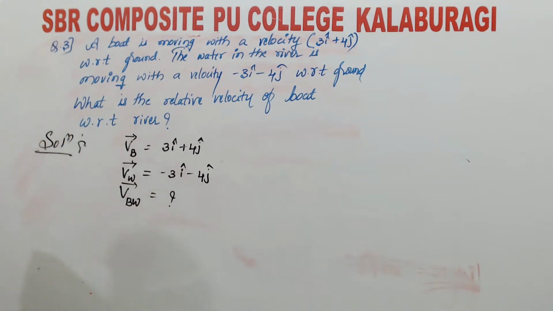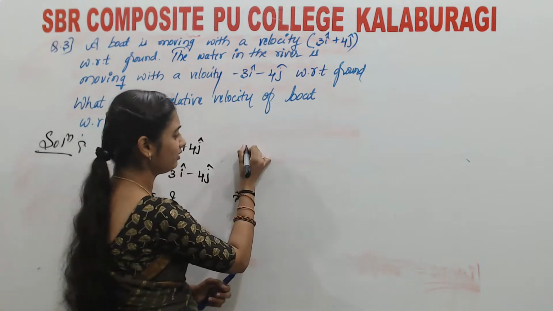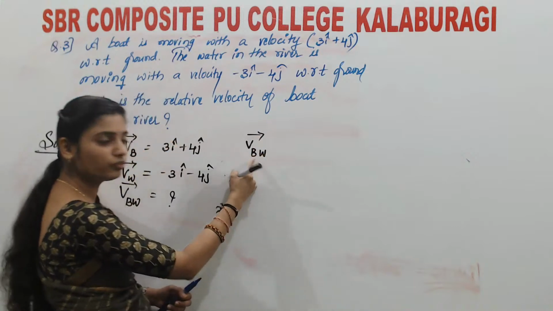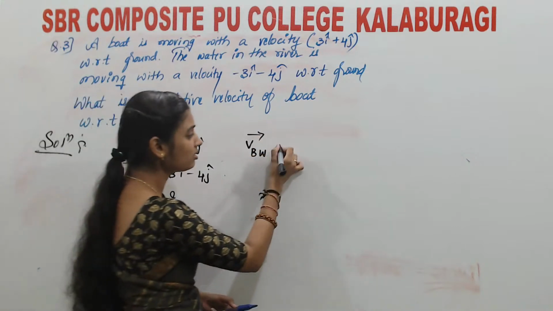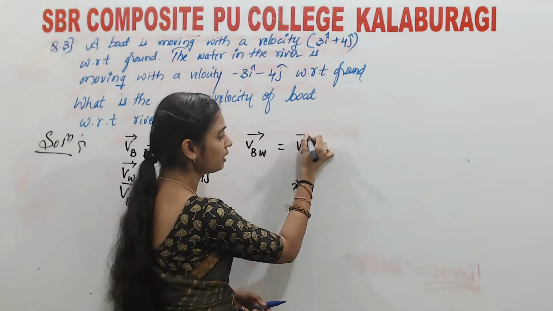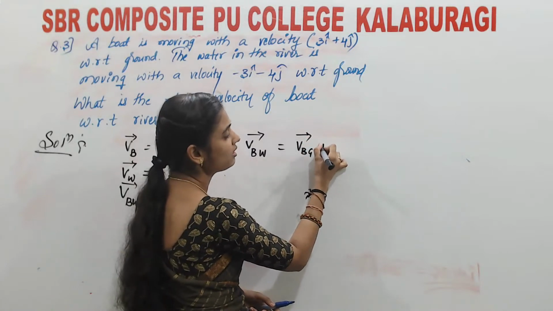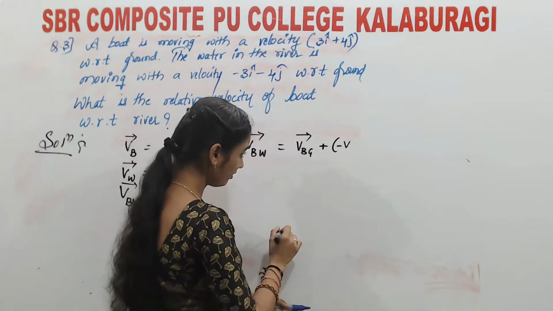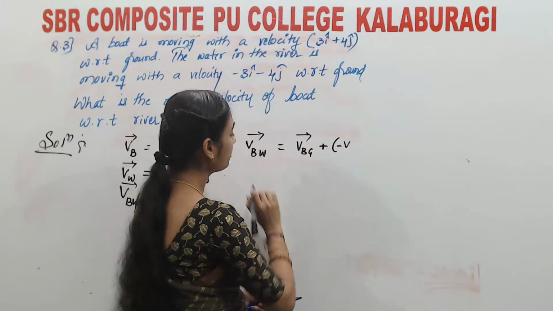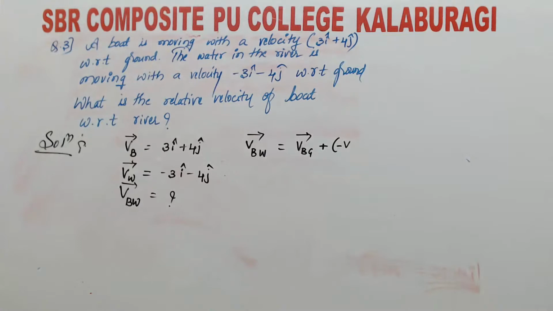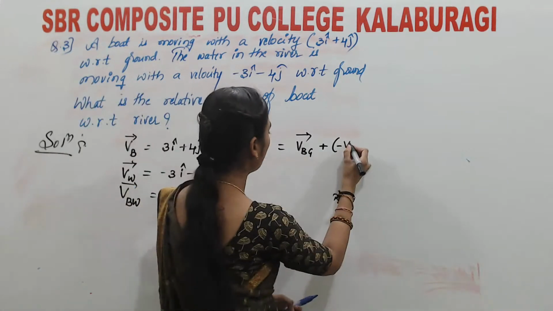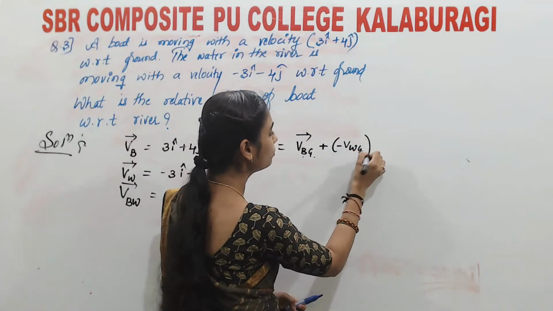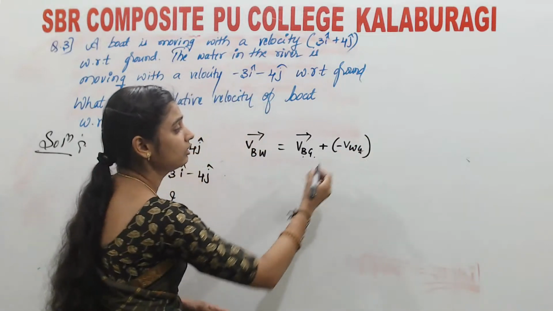So now we know the formula for the relative velocity of one body with respect to another body. The relative velocity of boat with respect to water can be written as velocity of boat with respect to ground plus, or rather minus, the velocity of water with respect to ground.